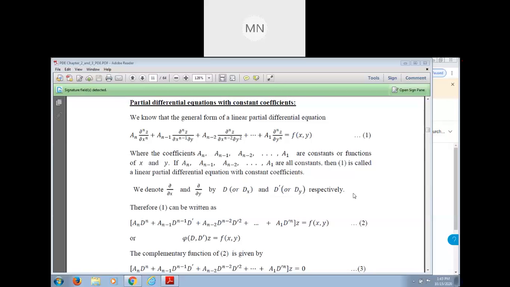p equals to del z by del x, q equals to del z by del y, comma r equals to del 2z by del x square.